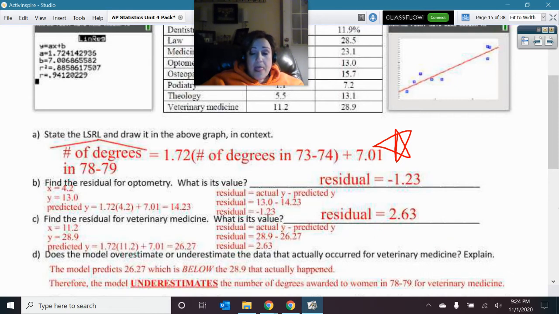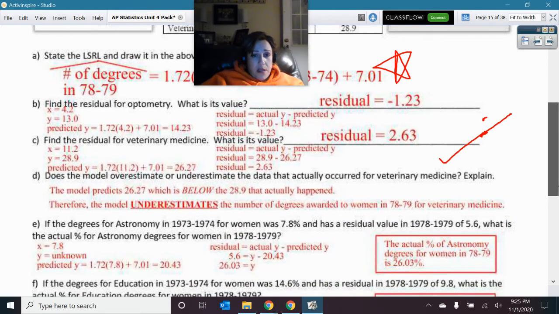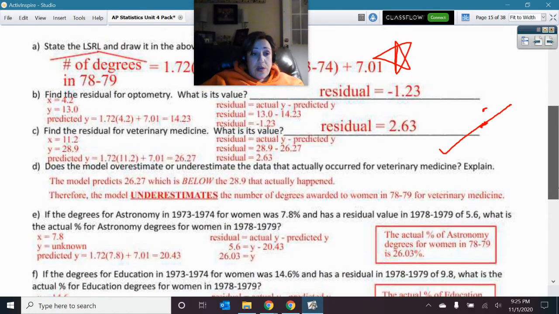Okay, so think about what's happening. This is saying that the data is above, it's a positive residual. So if the data is above what the model says, then the model is underestimating what actually happened.